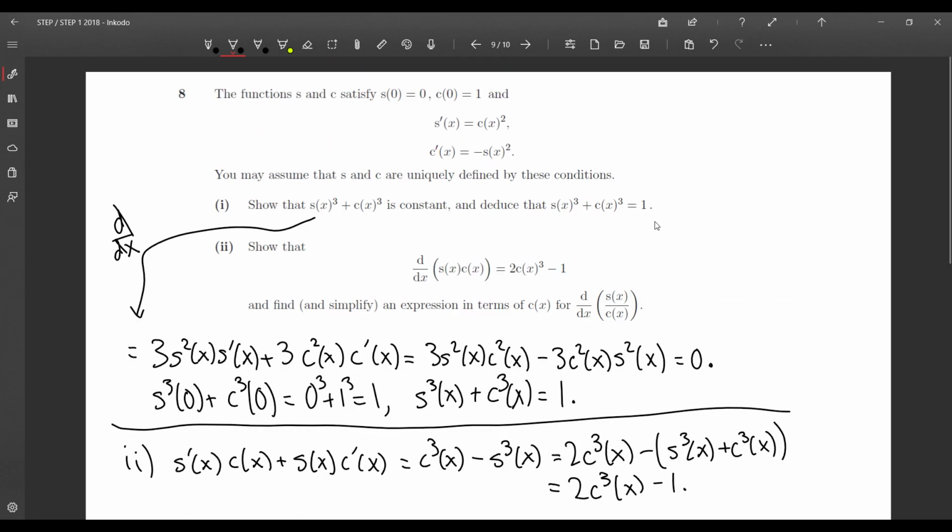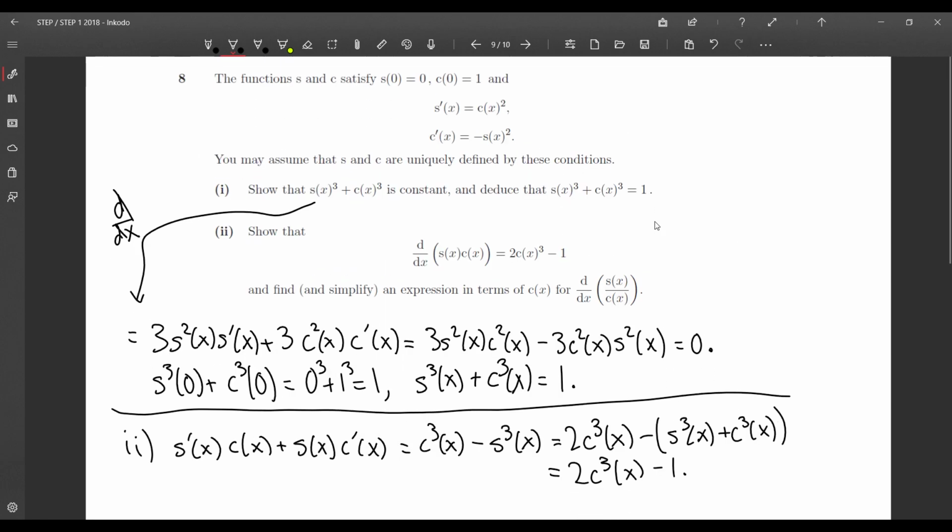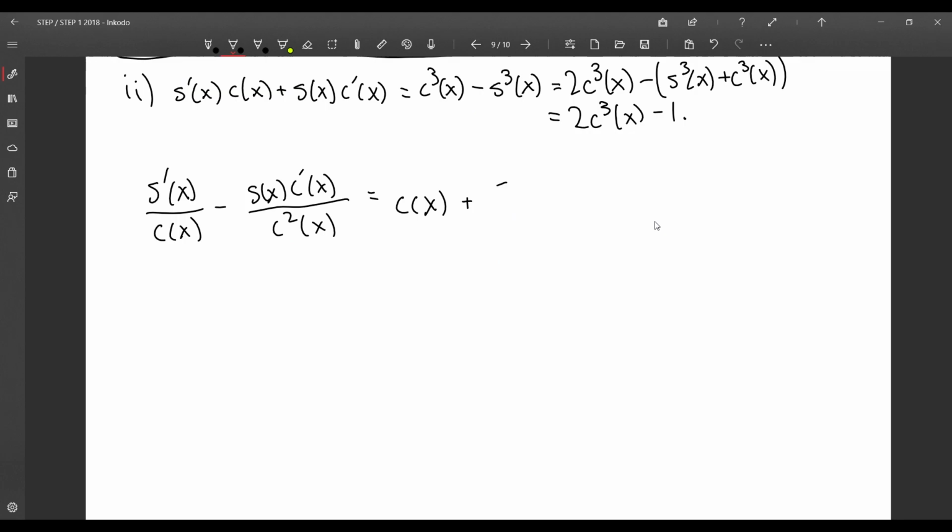This s prime of x c squared, so that's c of x minus, we get a double minus, that becomes s cubed of x over c squared of x. And then combine the fractions, we multiply by c squared over c squared, we get c cubed plus s cubed.